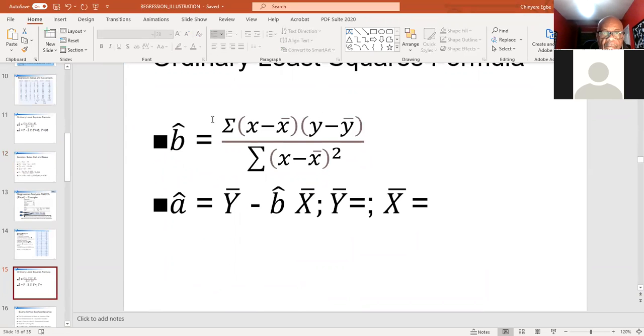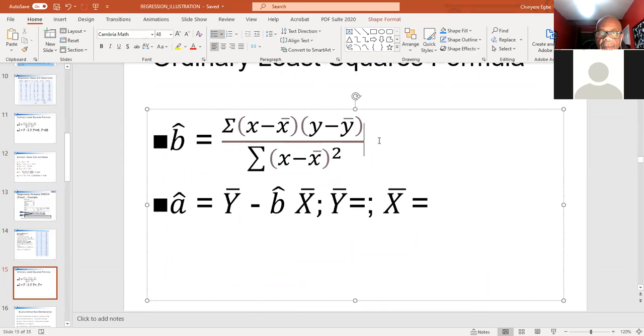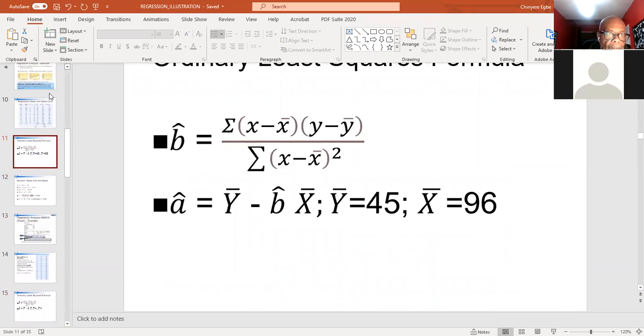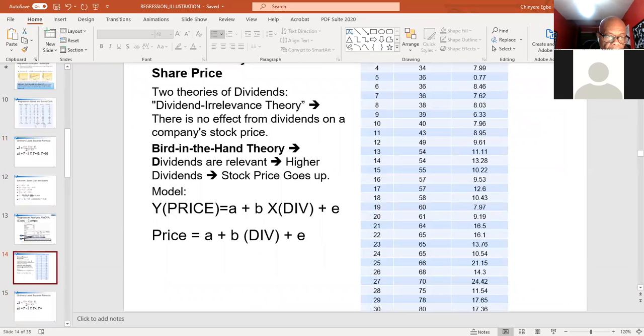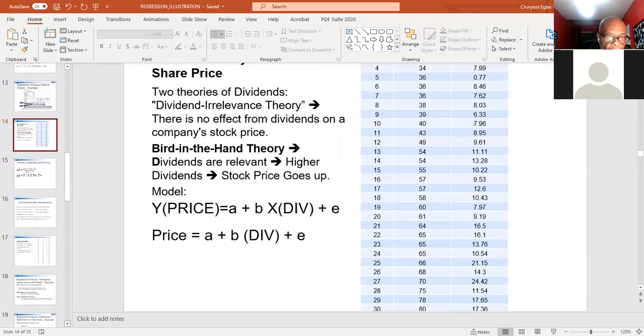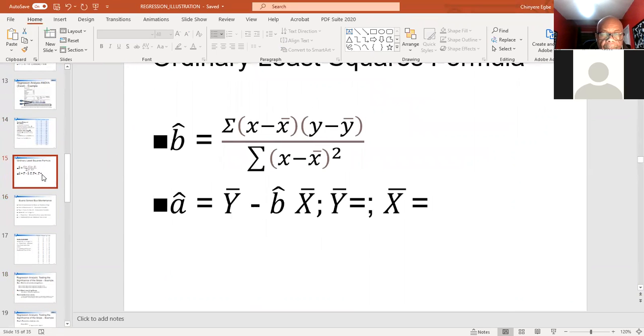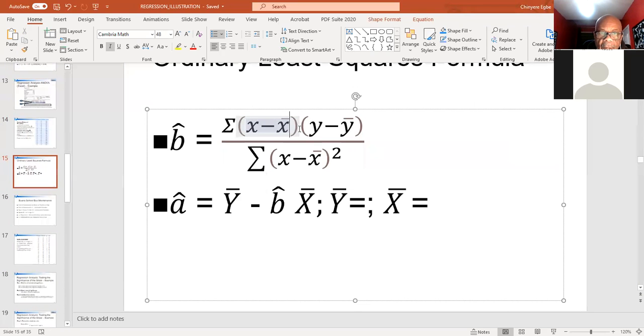The formula for B hat is here, and we're going to break this all out.